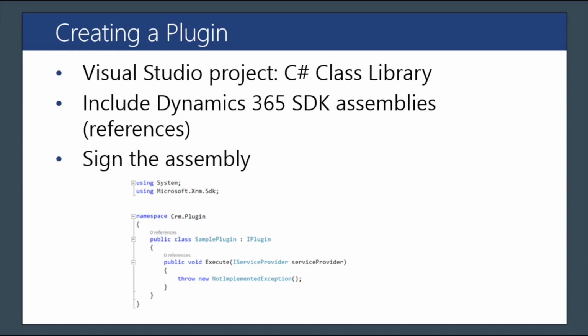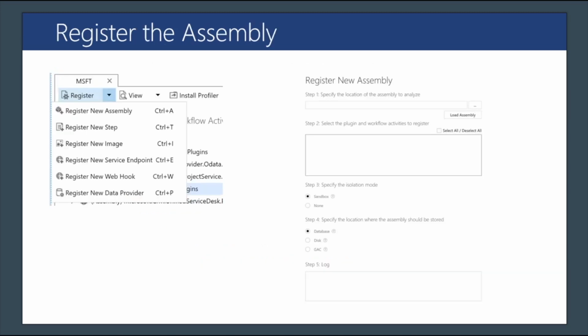And then, of course, you want to make sure that you are creating it in a way that is valid. If you use our templates and do those things, once you've created the assembly, you can use what we call the plugin registration tool. You go in and register the assembly and then define the plugins that are within it and how they behave.